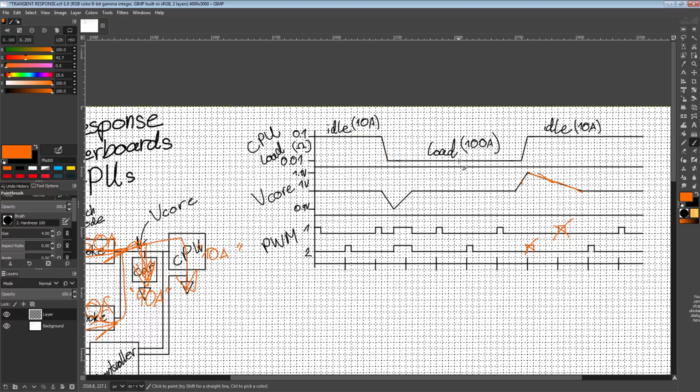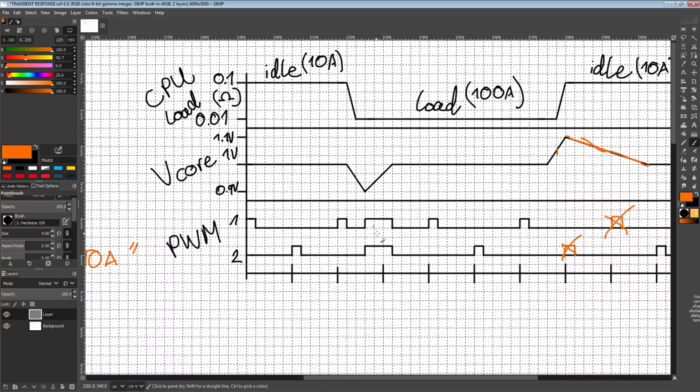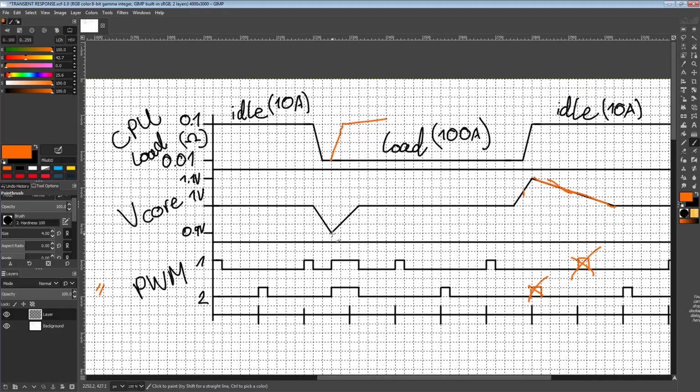But if you have something very messy, then if our VRM decides that it's going to inject this massive PWM pulse right now, and then our load just goes like that, we're screwed. Instead of having this nice ramp up to where we're supposed to be, we'd get something stupid like that, right?